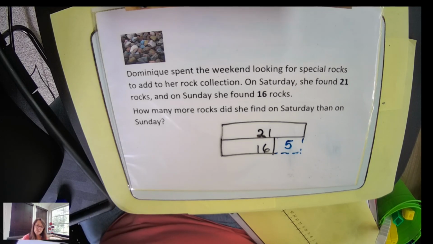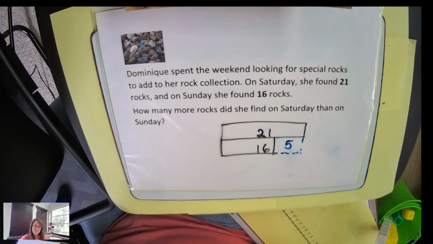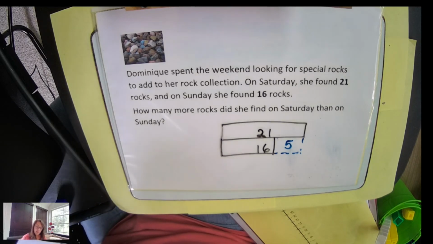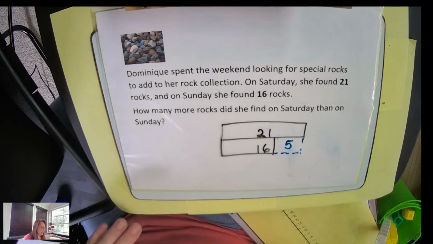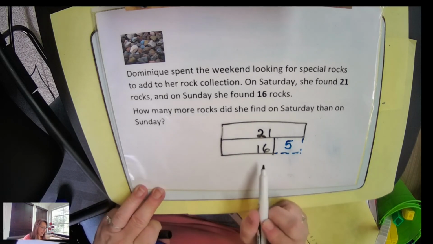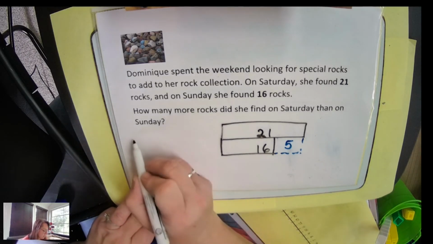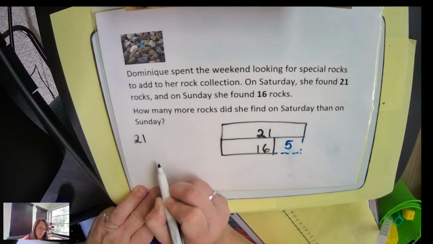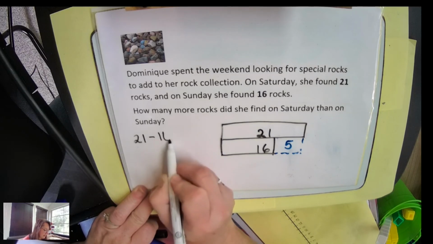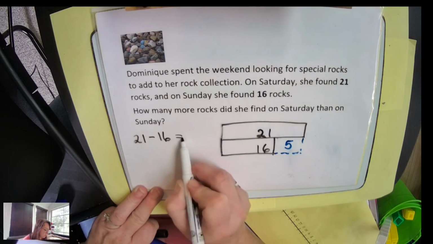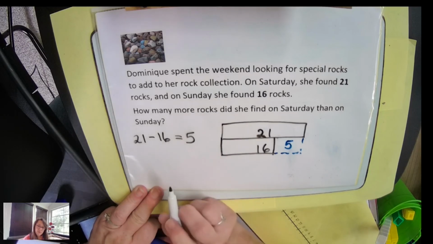Daniel, can you explain to us the strategy that you were using to find the answer 5? Okay, so Daniel says the equation here is 21 minus 16 equals 5. Okay, tell us more.